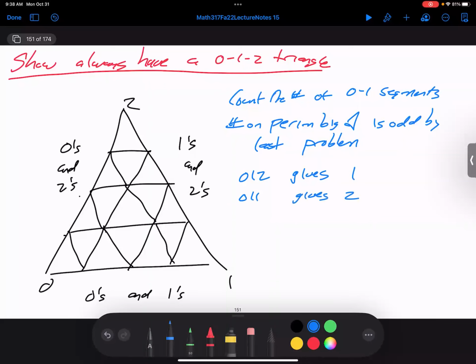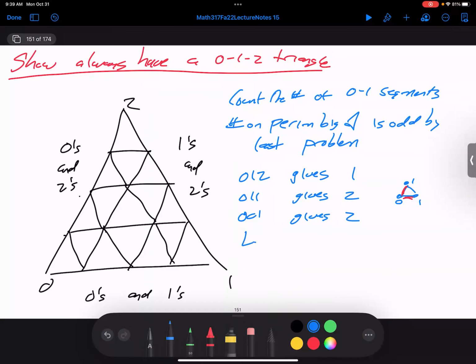Gives 2, because no matter how you put the labels, 0, 1, 1, you're going to have 2 segments that are 0, 1. What else could contribute? 0, 0, 1. Does anything else give a 0, 1 segment? That's the only ones that will give a 0, 1 segment.